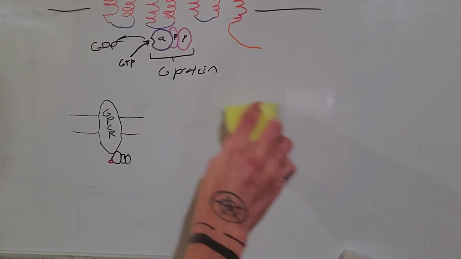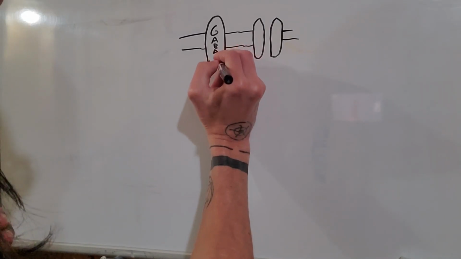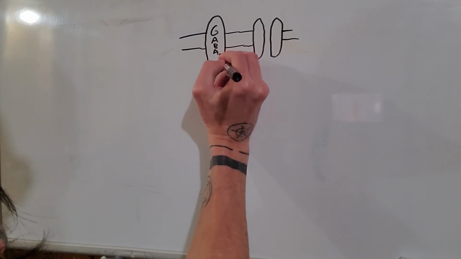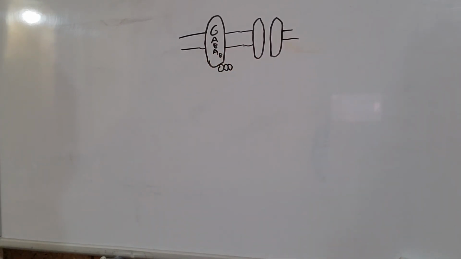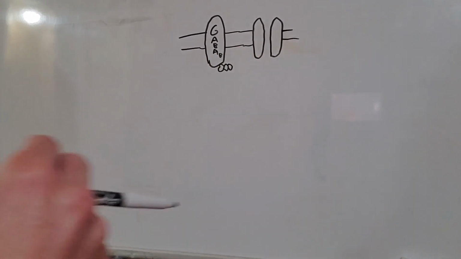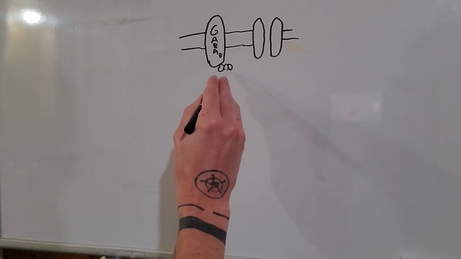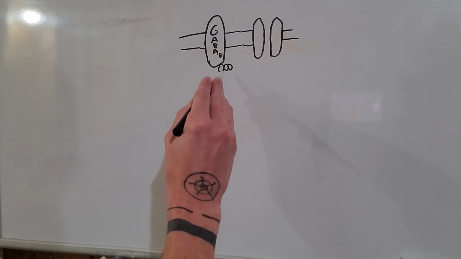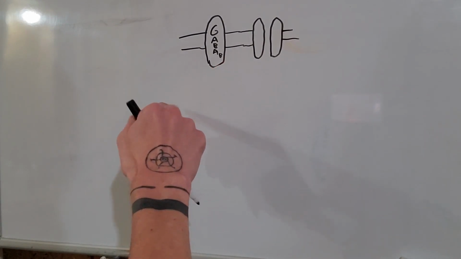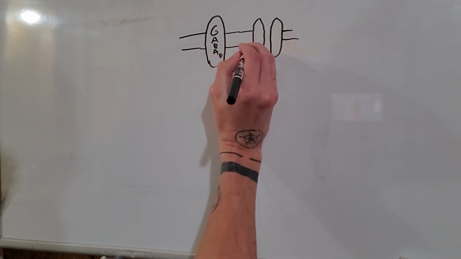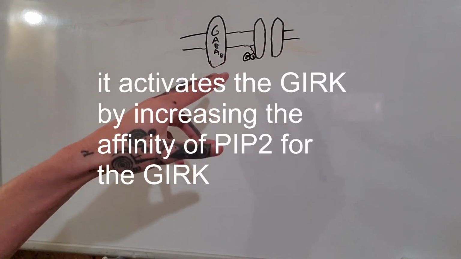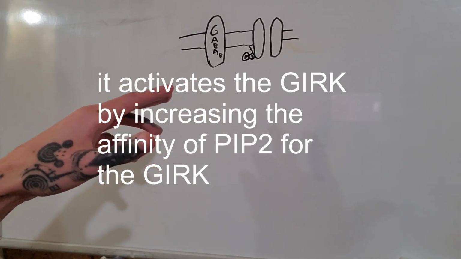Just going to give us some breathing room here. So the alpha subunit isn't the only active unit on that complex. So in the case of the GABA B receptor, for example, the beta gamma subunit of that G protein, when it dissociates, goes on to interact with an adjacent GIRK, that is G protein coupled inward rectifying potassium channel.